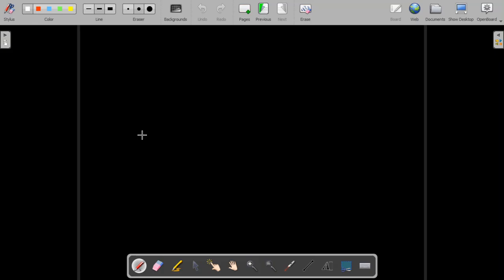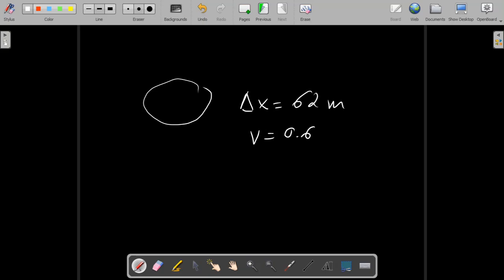Since the race was run on an oval track, the runner's displacement was only 62 meters. So my displacement, I'm going to start writing things, is 62 meters. What else did I know? That the velocity equals 0.61 meters per second.